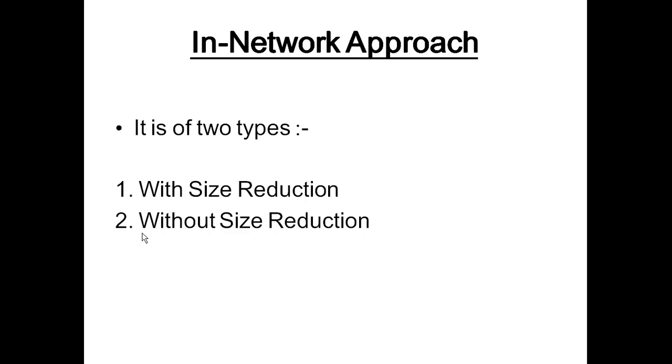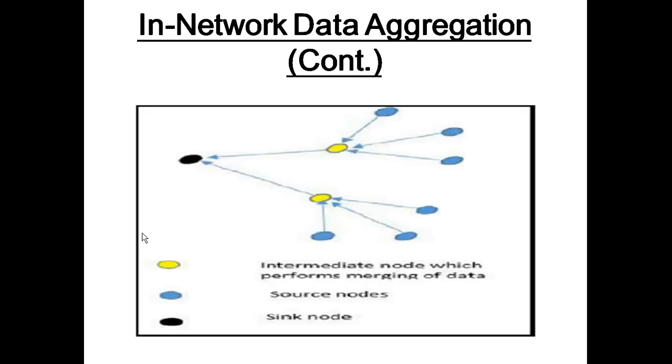In the approach having size reduction, the data is received or combined from various nodes. For example, we are receiving the data from these three source nodes, and that data is transferred to the yellow colored node, which is the intermediary node, and this intermediary node is responsible for performing the data merging or forming the aggregation.